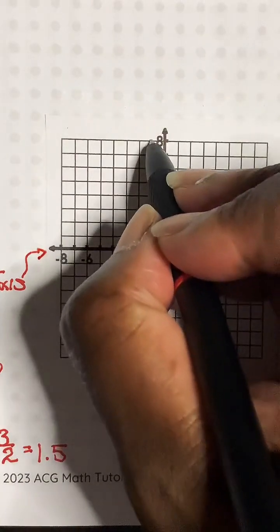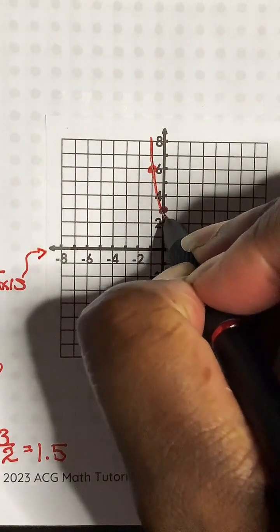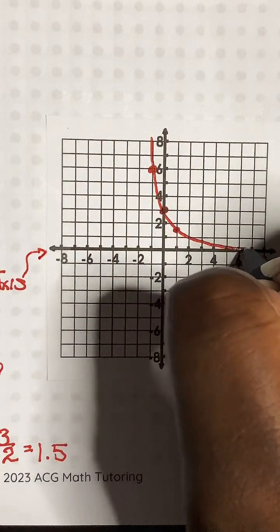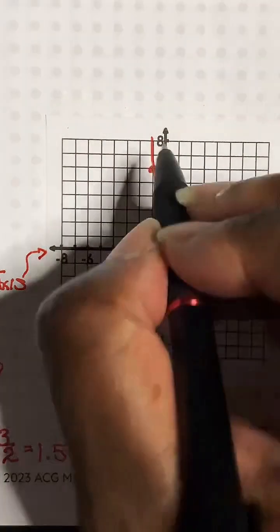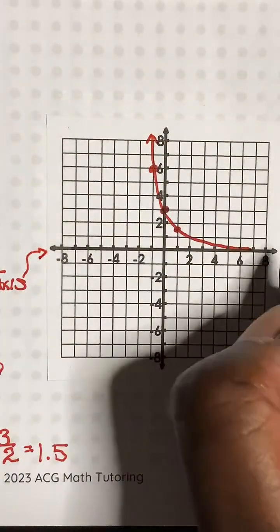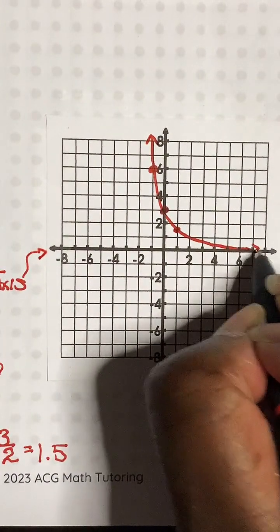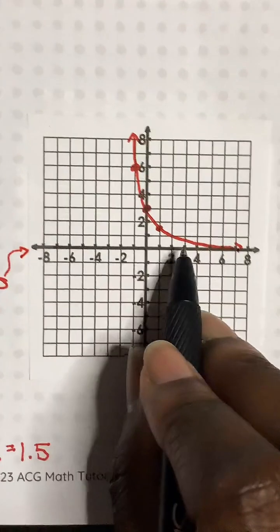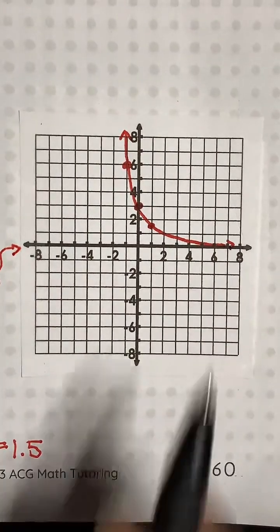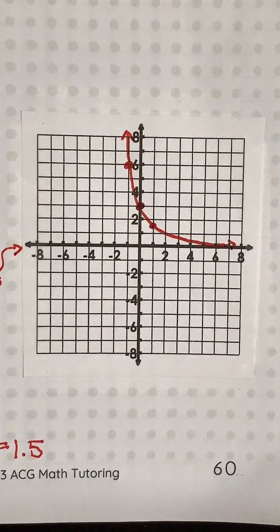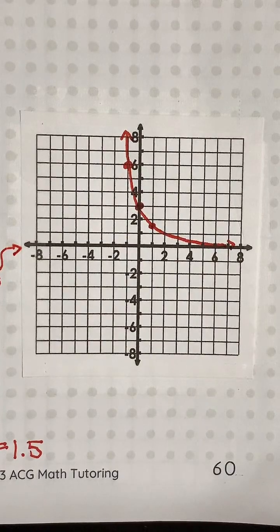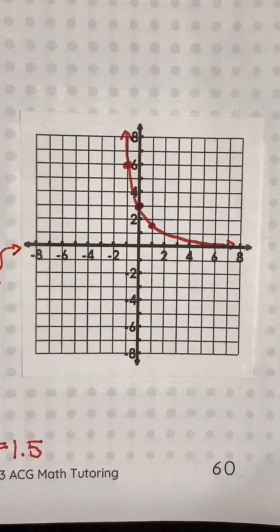But it's basically saying that from here to here, and if you want to, you can also do some other points, going all the way to positive infinity, it's going to keep going and ride right along the x-axis. It's not going to cross because that will be our asymptote. That's that boundary line.